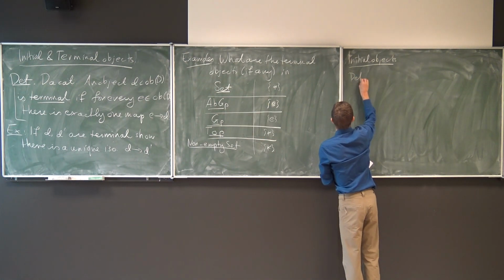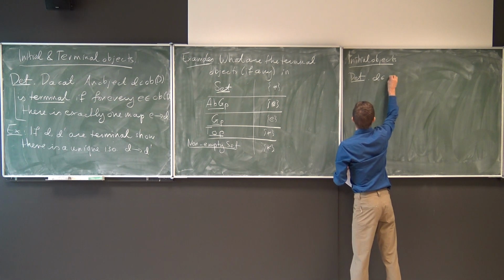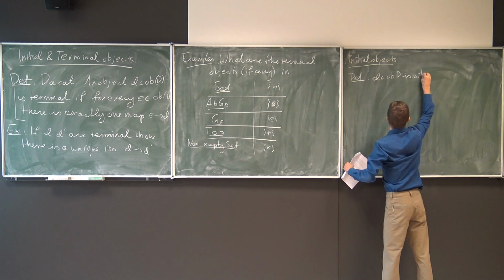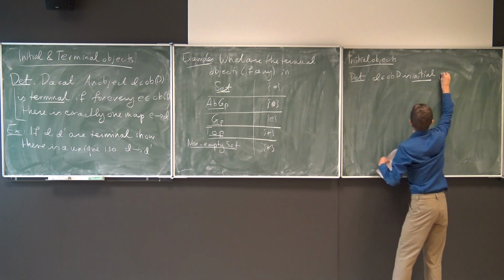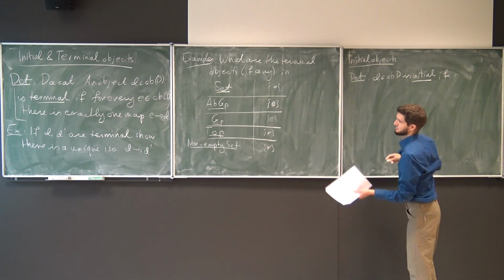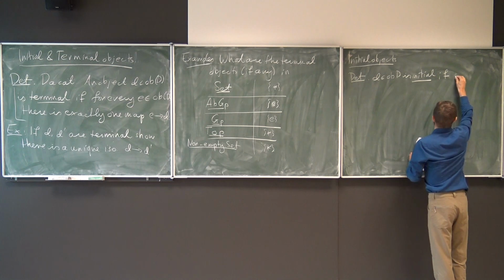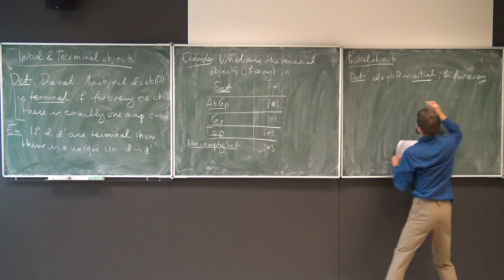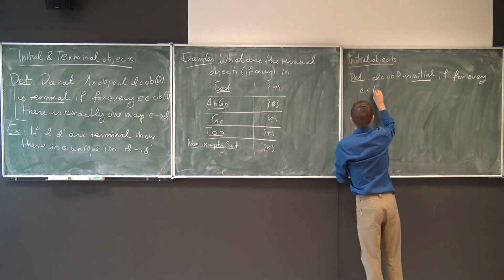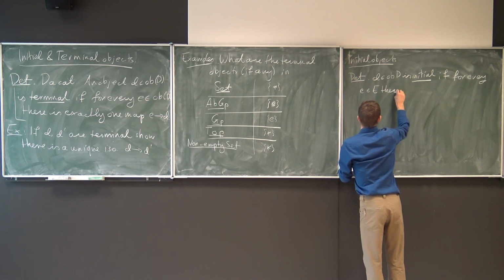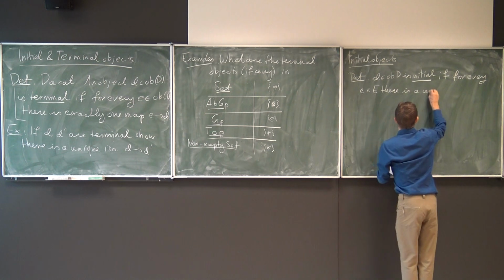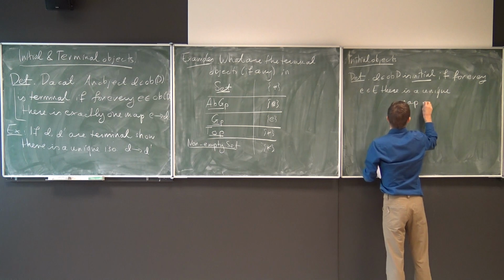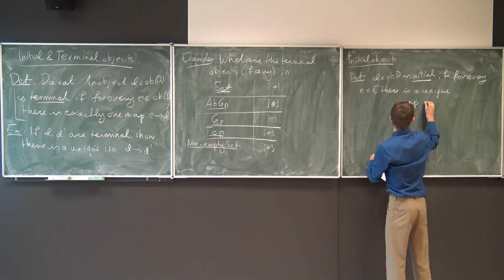The definition: an object D of the category is initial if it has a unique map to every object. If for every E in the category, there is a unique map from D to E.